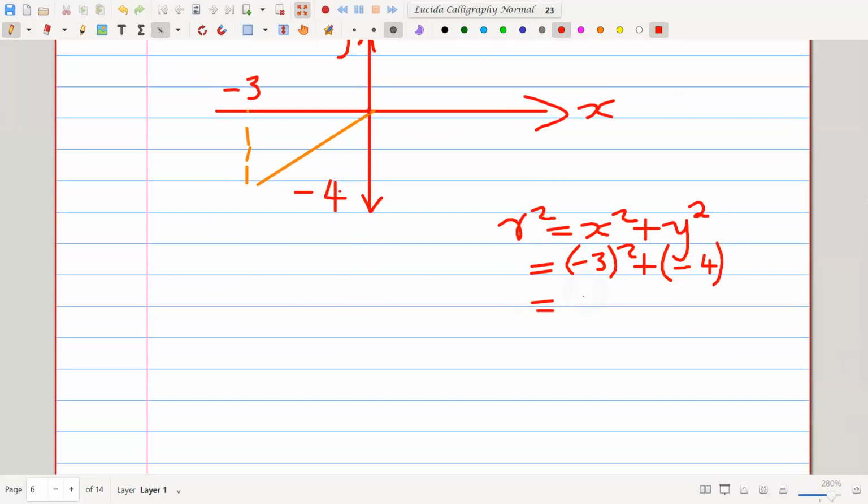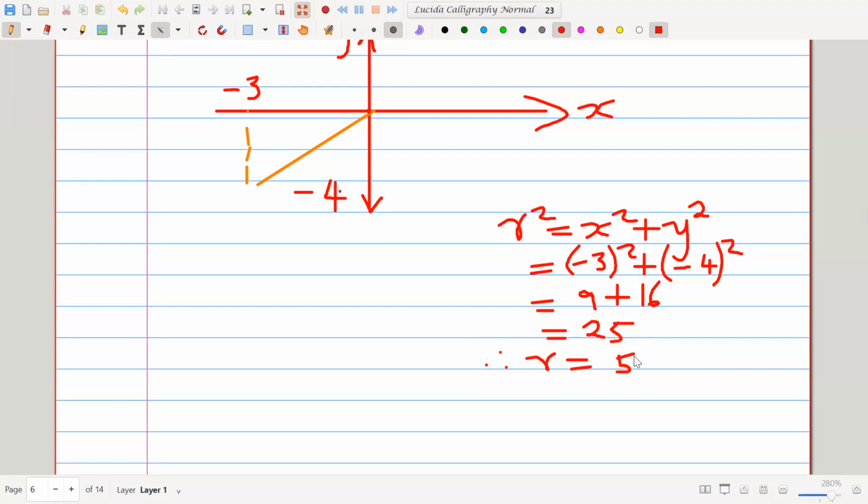This is equals to 9, of course. There's a square there. So if we square this, it's going to be 16. Then we add 16 to 9, it should give us 25. And then this is R squared, it's not R. This simply means our R, or radius now, which is supposed to be positive, it's going to be 5.